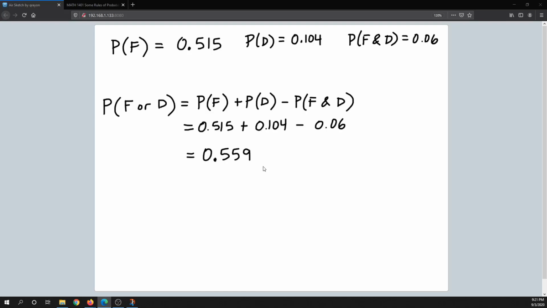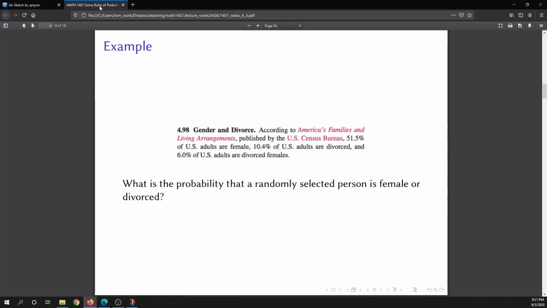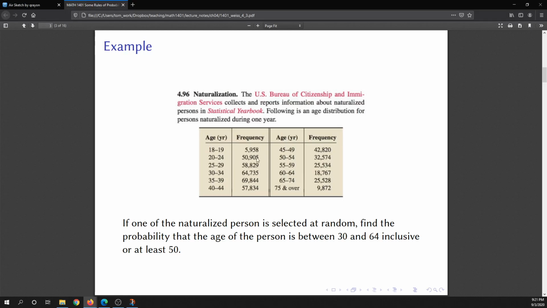Okay, so I just want to again point out how this example is different from the other example. In the other example, 4.96, they gave us a frequency distribution, right? So we had to come up with all of the probabilities ourselves, and we did that by adding up all the things in the sample space, and then we found the number of observations in our event, and then we divided to come up with the probability.